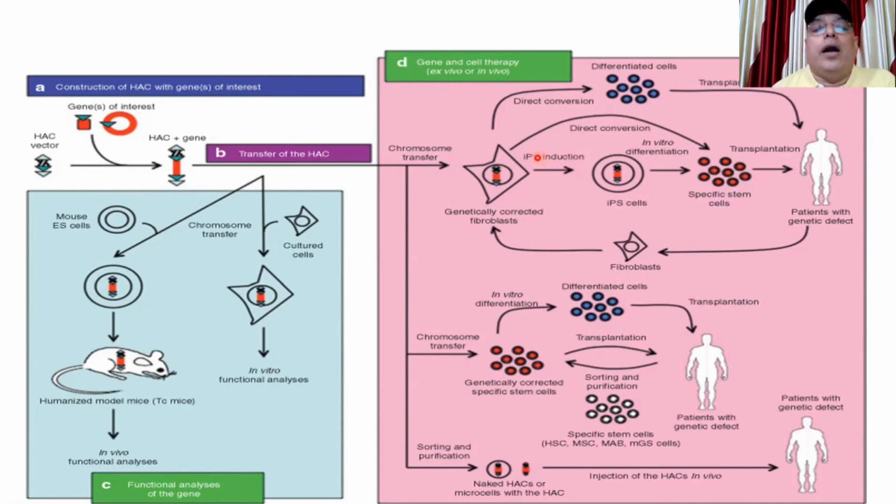So stem cells are cells having the capability to transform into different types of cells. At the same time, they have the capability to give their own copy. That is, they can divide to give another stem cell, another copy of the stem cell, as well as they have the capacity to branch into different directions of differentiation.